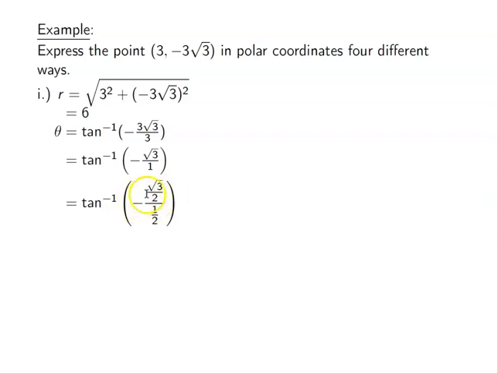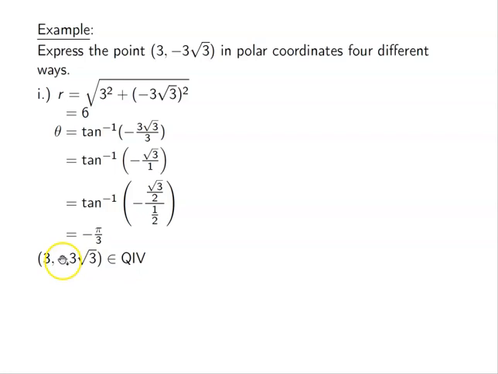So the tangent here, if this is y, this is the large side. So this looks like it would come from a 30, 60, 90 triangle, where this is the 60-degree mark, right? So we have pi over 3, but it's negative. So that's negative pi over 3. So that's basically negative 60 degrees, okay?